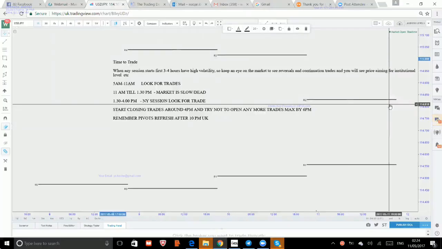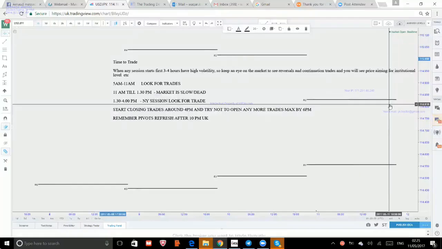Guys, what will happen when the Asian session starts? The market is at no institutional, non-pivotal level, right? And before 5 a.m. you will see the market hitting the pivotal level, and that is where you want to enter the market and take the trend ride, which normally begins around 5, 6 a.m. United Kingdom time, 7 a.m. sometimes, 8 a.m. sometimes.